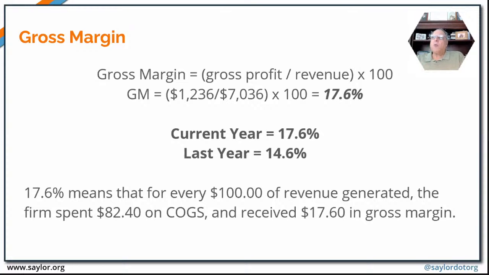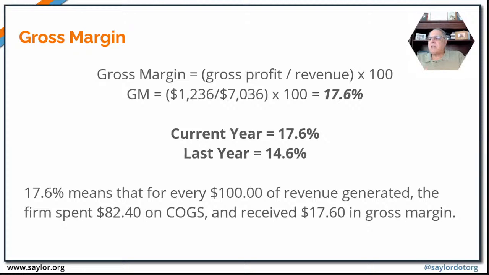All right. So we know, for example, that I applied some numbers here to make these ratios a little easier to understand. We can see that our profit was $1,236,000. Our revenue was $7 million. Okay. So we can see that there was a dollar amount of profit generated in the firm.